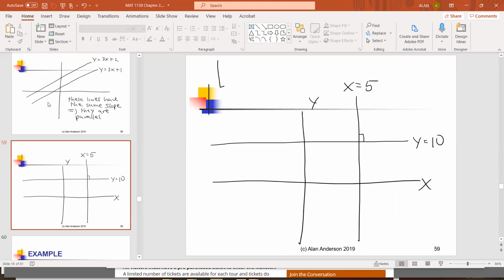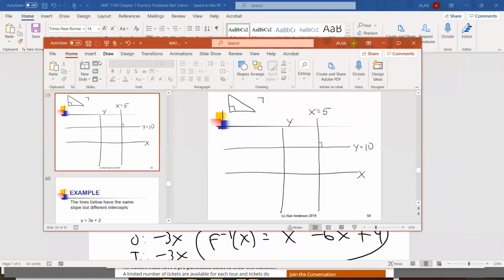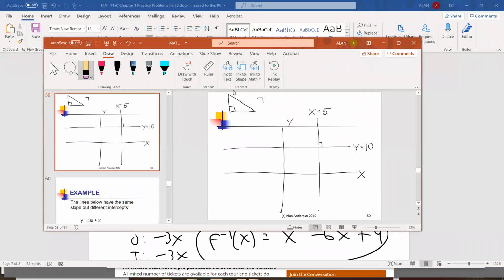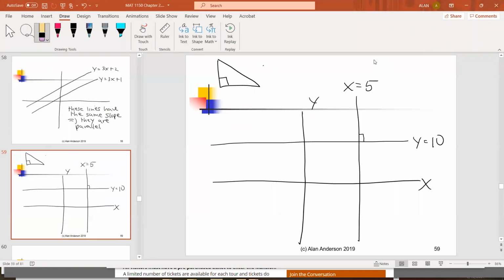What does this represent? That is used to indicate that this is a right angle.